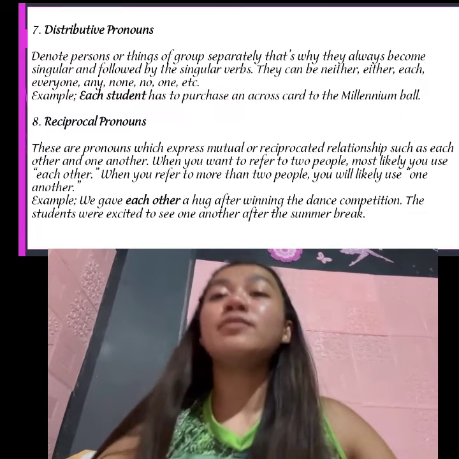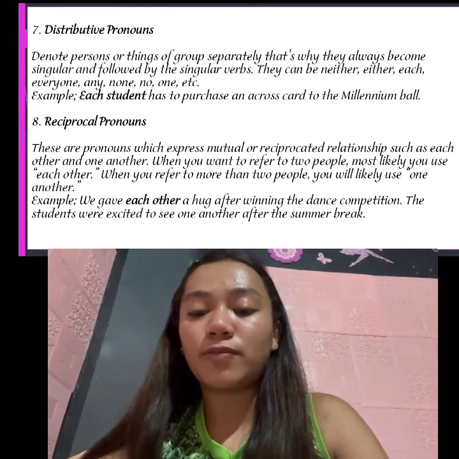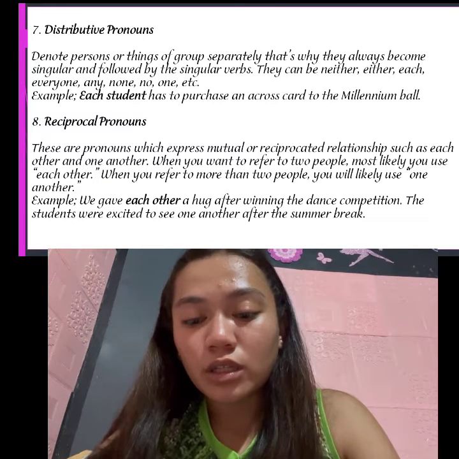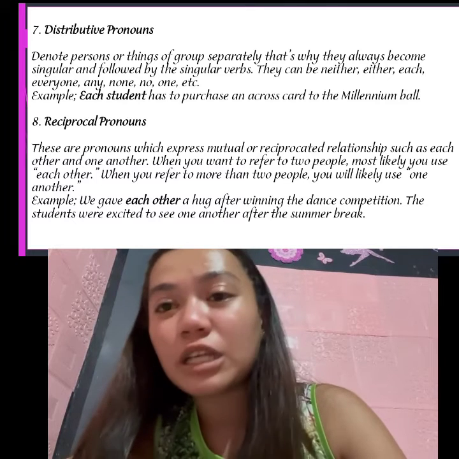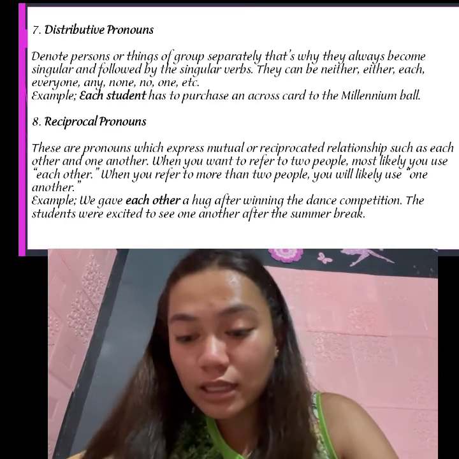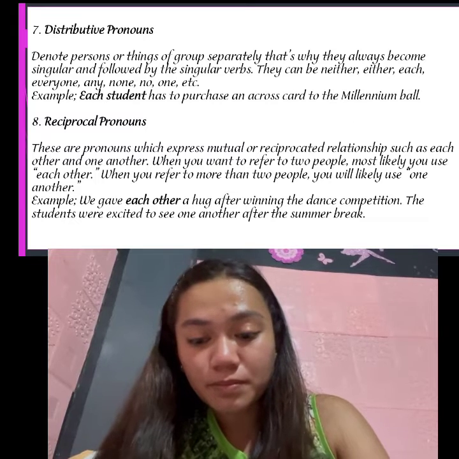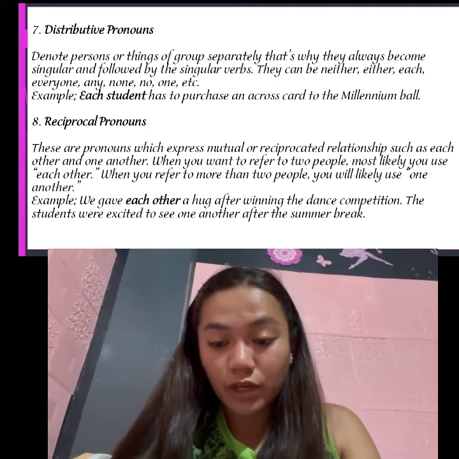The 7th type of pronoun is distributive pronoun. So a distributive pronoun denotes persons or things of a group separately, that is why they are also singular and followed by singular verbs.